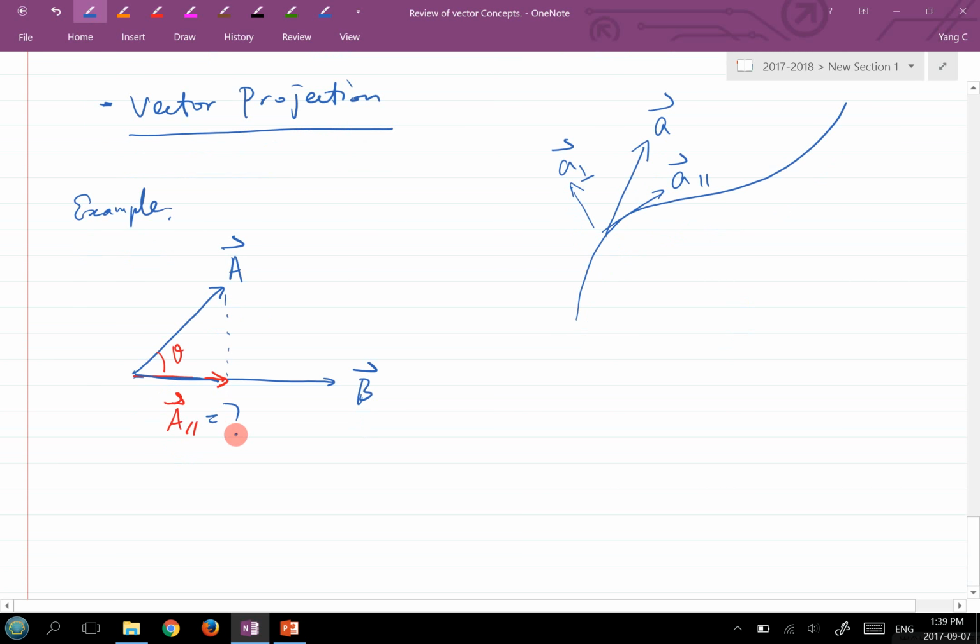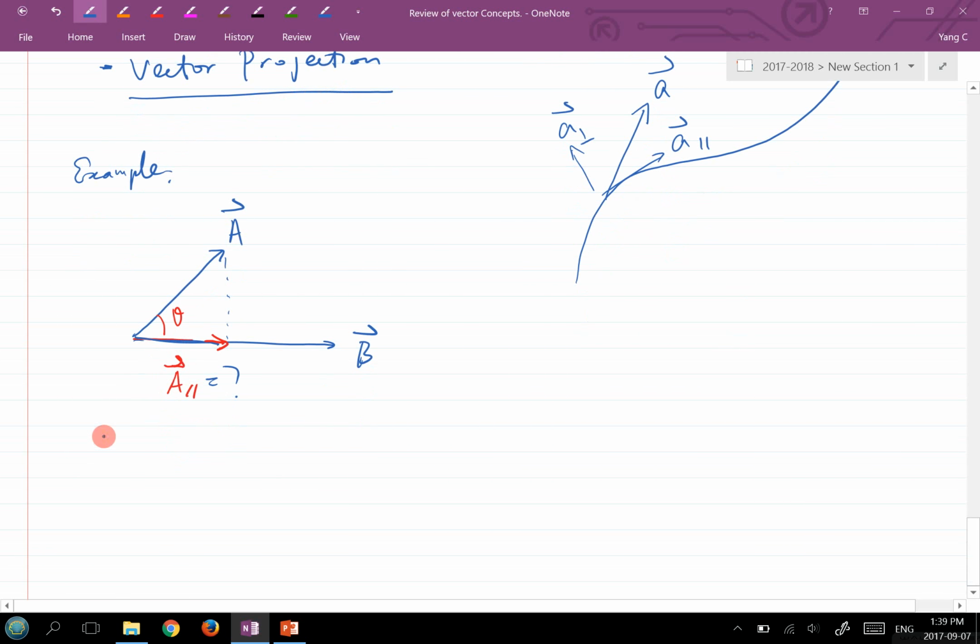Let's try this. Here's what I would write. A parallel is a projection of vector A onto the direction given by B. So that's a shortened description for this problem.